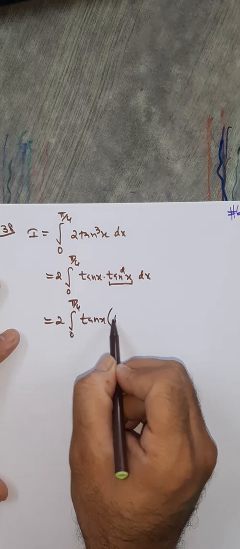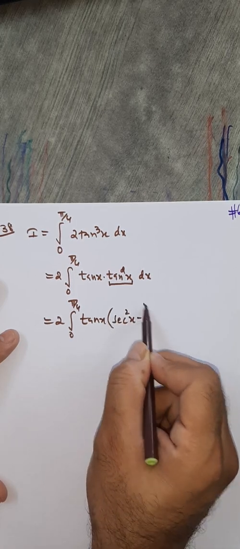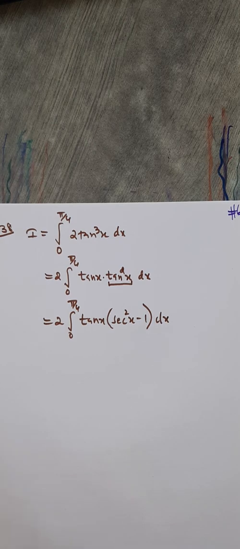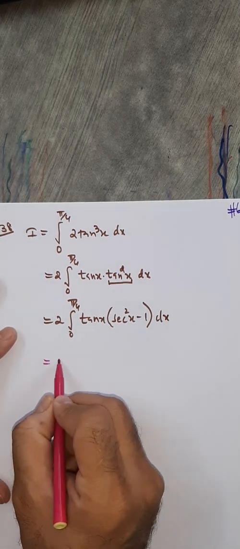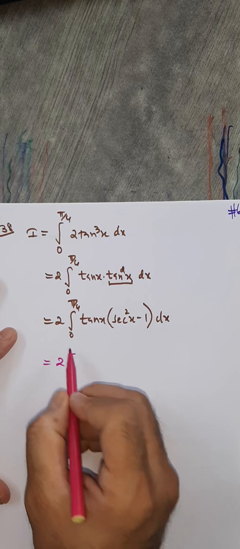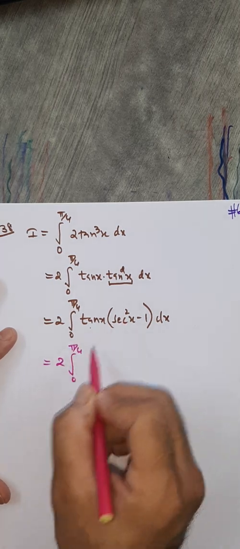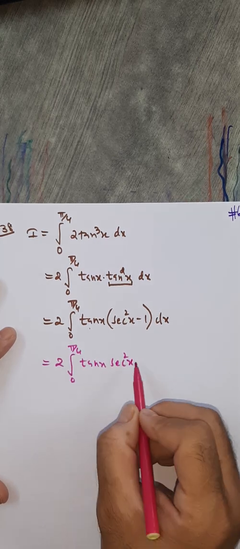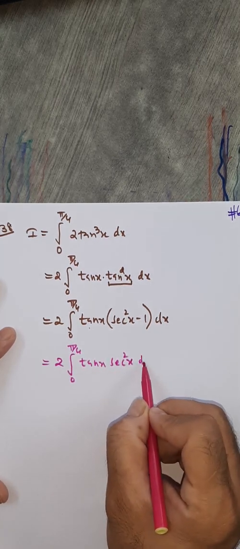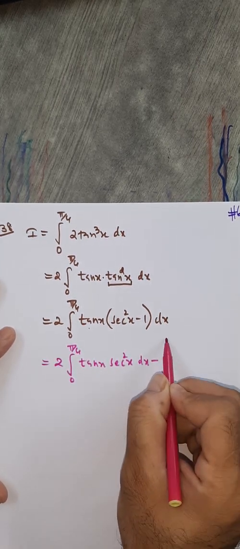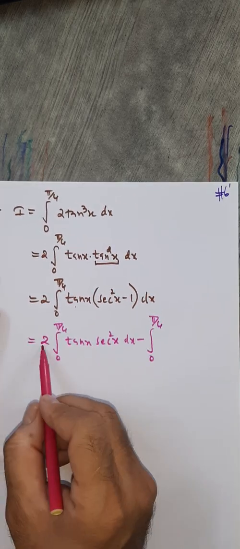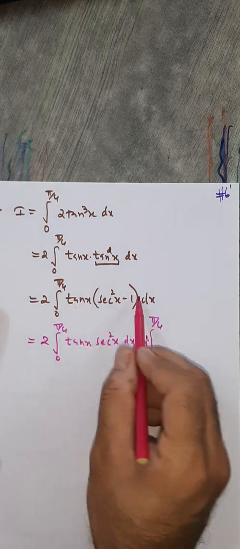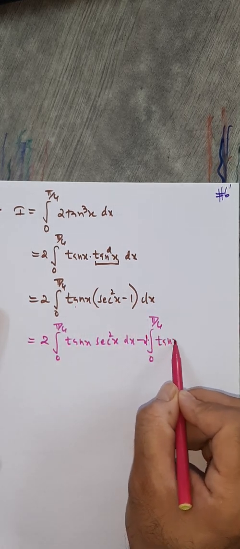So here I'll write sec square x minus 1. You know 1 plus tan square is sec square. Now split into 2 integrals. So integral 0 to pi by 4, tan x into sec square dx minus 0 to pi by 4. Remember 2 is common for both, so here also I'll write 2 minus tan x here.